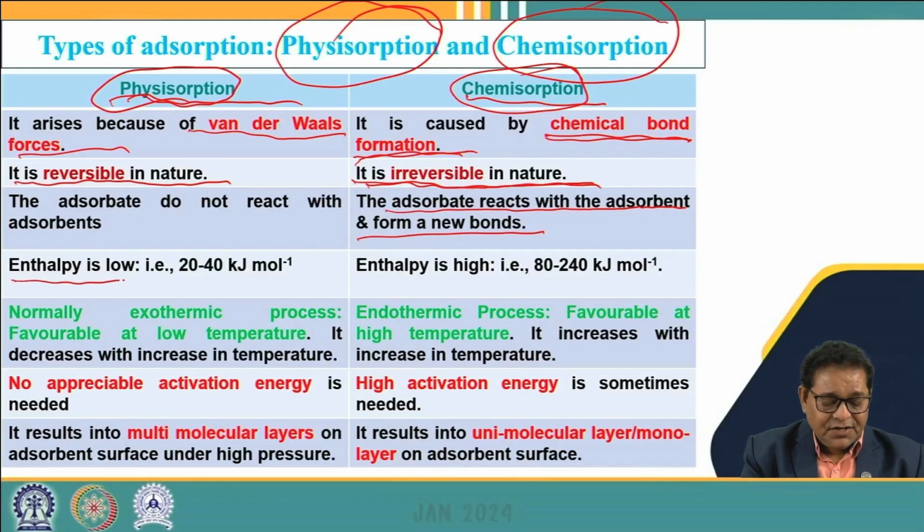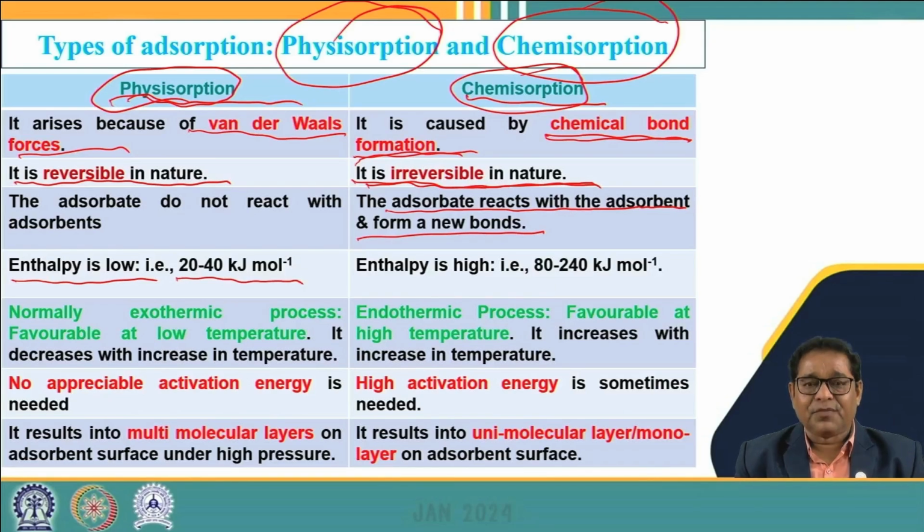Similarly, the enthalpy in physisorption is very low, around 20 to 40 kilojoule per mole, whereas in chemisorption the enthalpy is high and ranges from 80 to 240 kilojoule per mole.